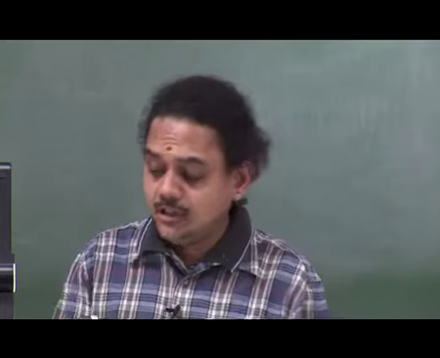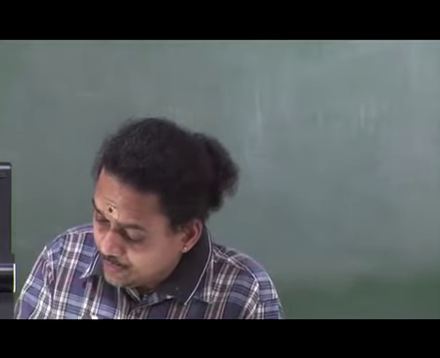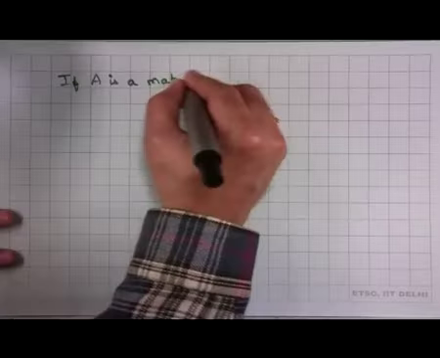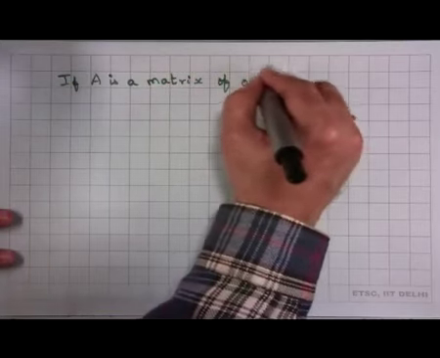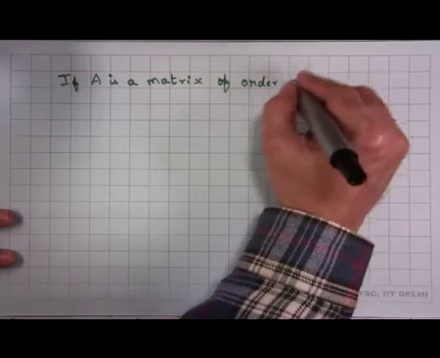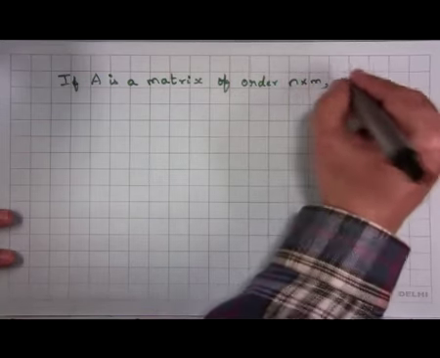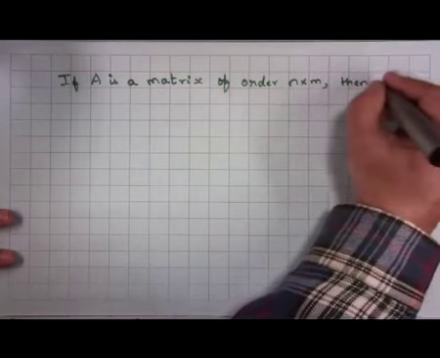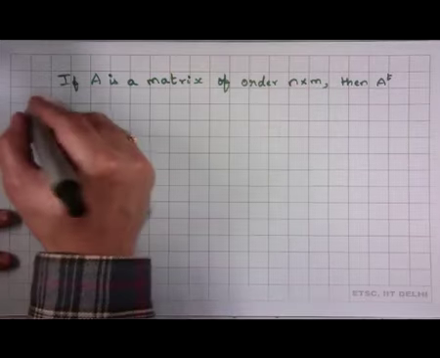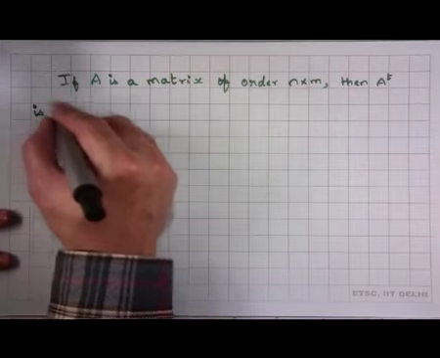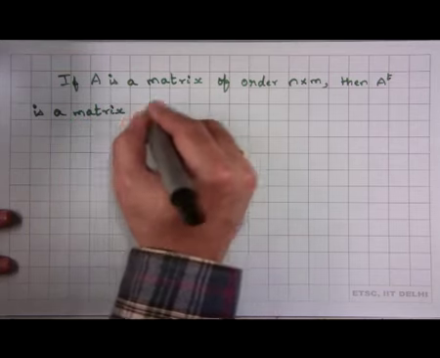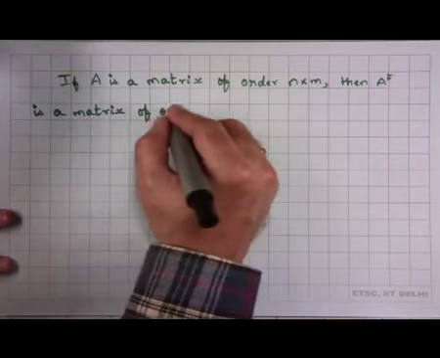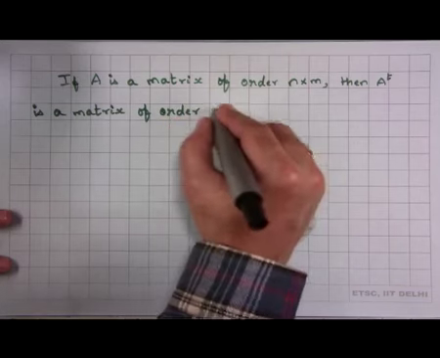So, once you have the transpose, if A is a matrix of order n by m, then A transpose is a matrix of order m by n.